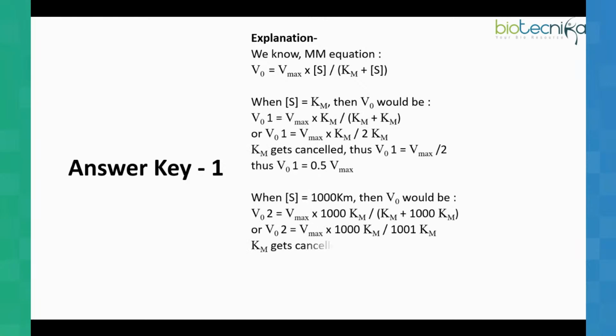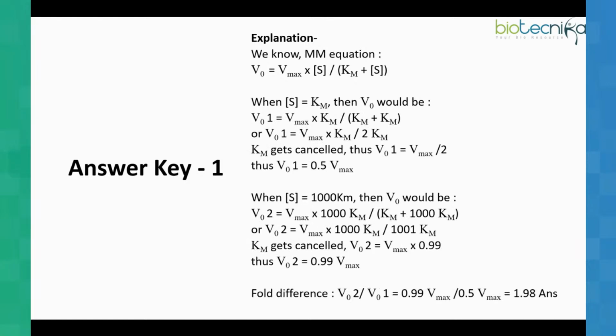You can either cancel 1000 and 1001, or if you still divide it, it will come to 0.99. And Vmax by 2 means you can write 0.5 Vmax. Whenever they ask for fold difference, it will always be final by initial.